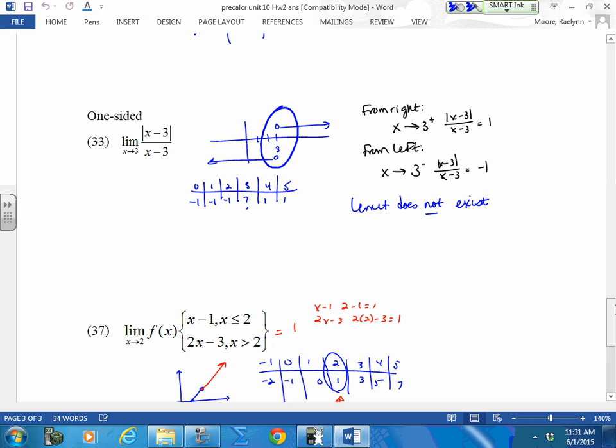This is a discontinuity that I cannot fill in. So there is no limit. The limit does not exist when x approaches 3. From one end, it approaches it as y is 1. From the other end, it approaches as y is negative 1, but it will never come together. When you have lines like that at the step, that will never come together. The limit does not exist when x approaches 3.